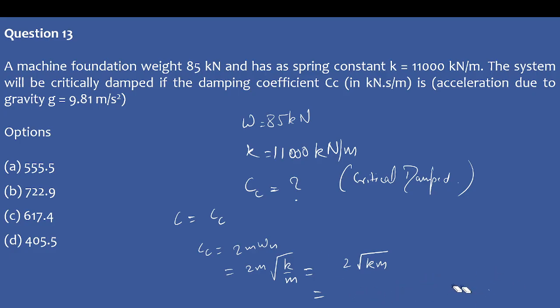So 2 root k, and k is 11,000, you can directly take in kilonewton, and your mass is 85 kilonewton.